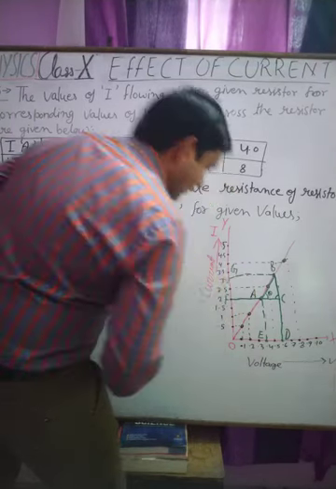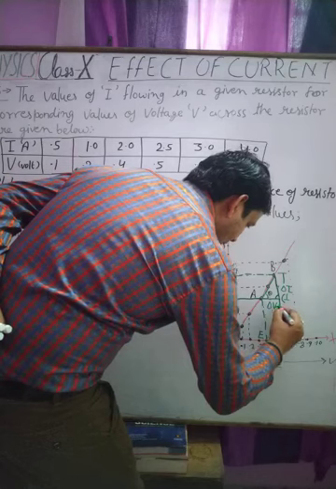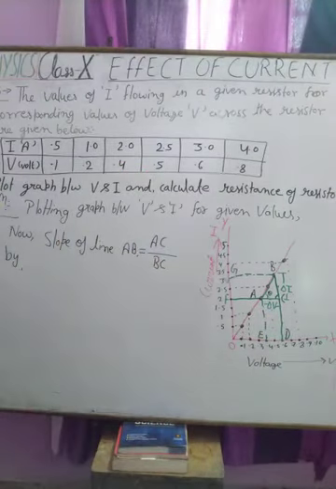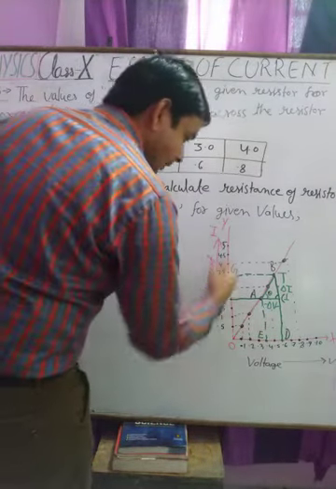Now we need this small value of current del I, and this is the value of del V. For calculating this, we are using the graph.